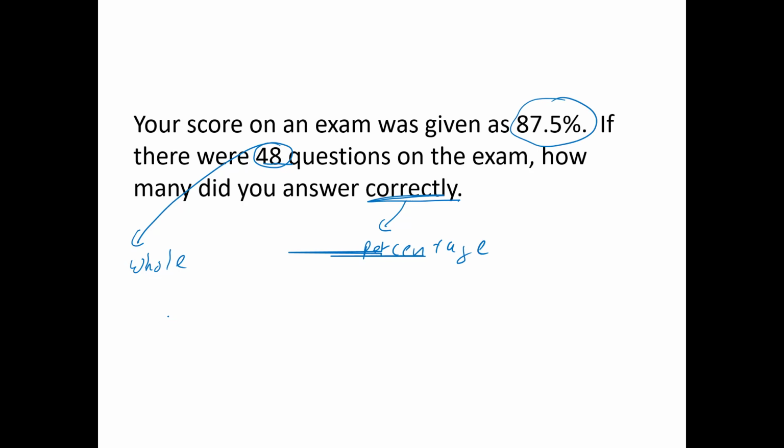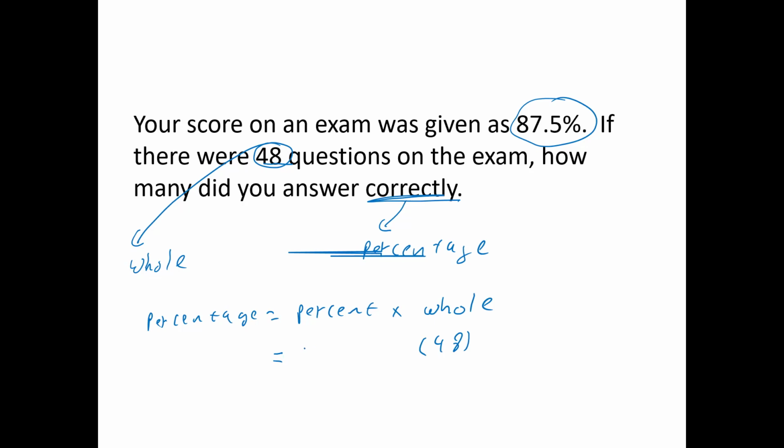So then you can go to your formula, percentage is equal to the percent times the whole. And you can substitute in the values you know. You know two of them. 48 is the whole. And 87.5 is the percent.